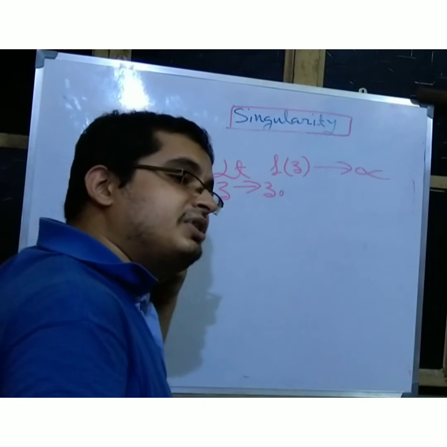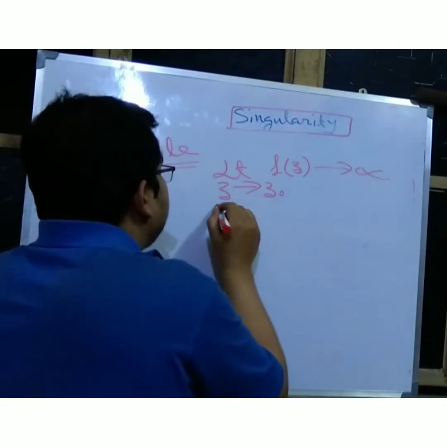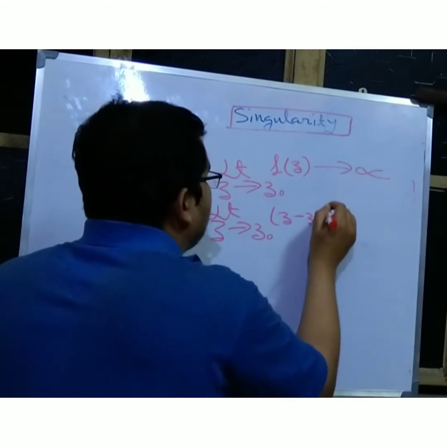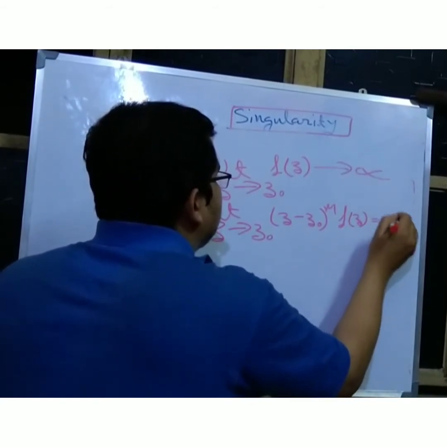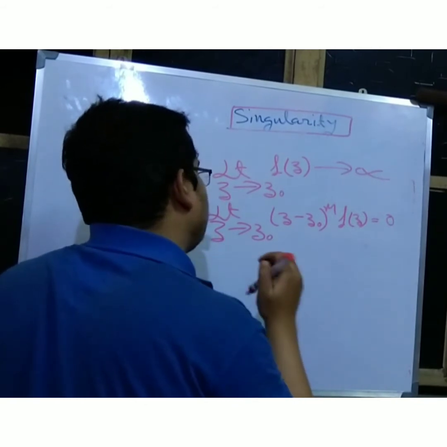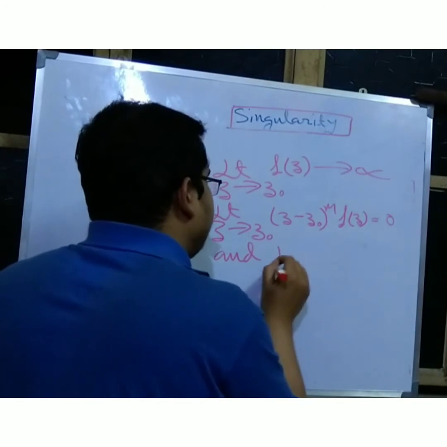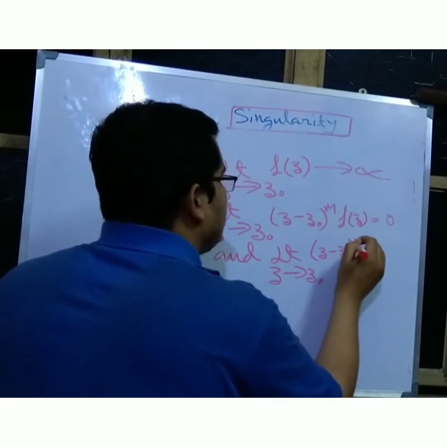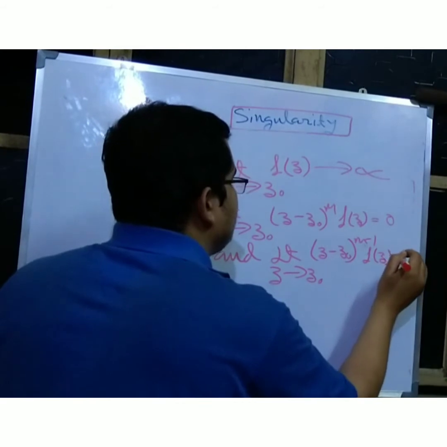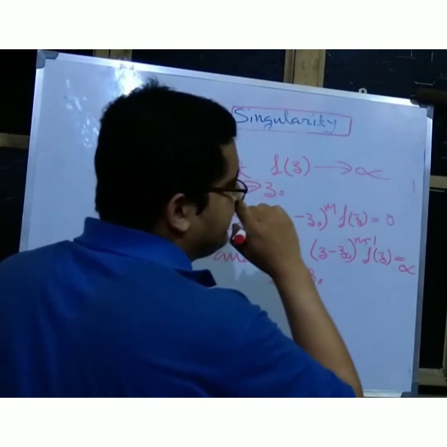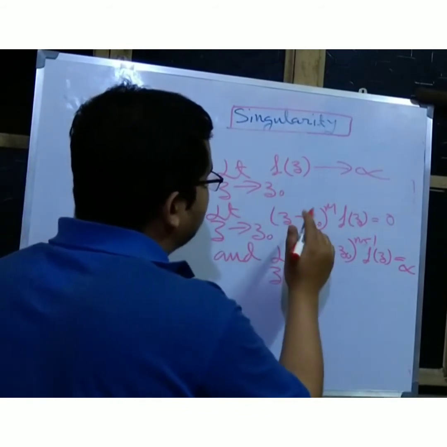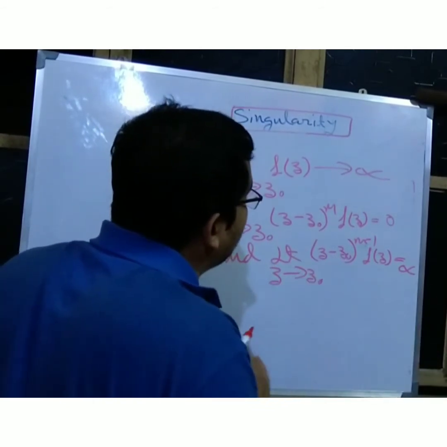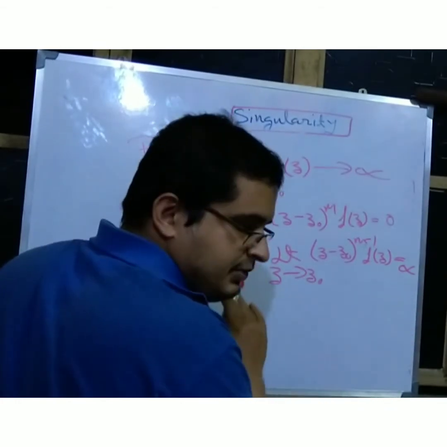But when limit z tends to z0 of (z minus z0) to the power n times f(z) is not equal to 0, and limit z tends to z0 of (z minus z0) to the power n minus 1 times f(z) is infinity, it is also infinity, friends.